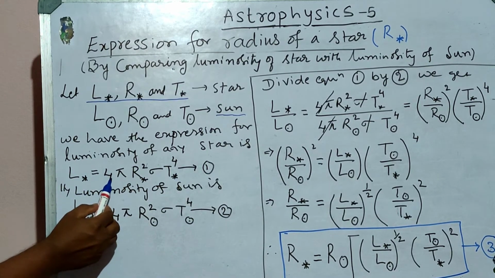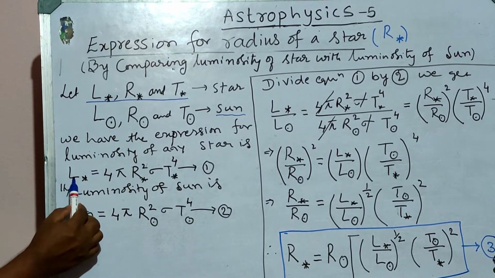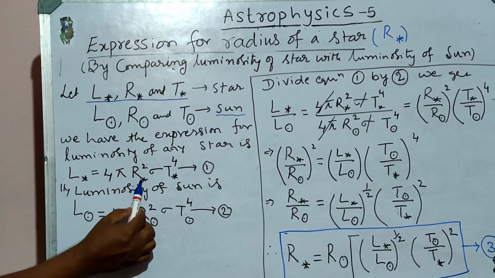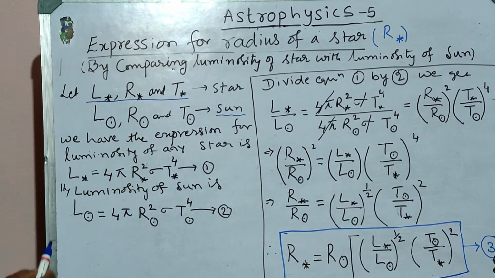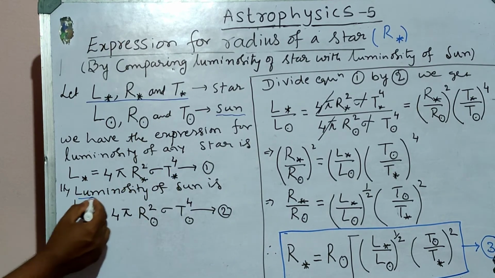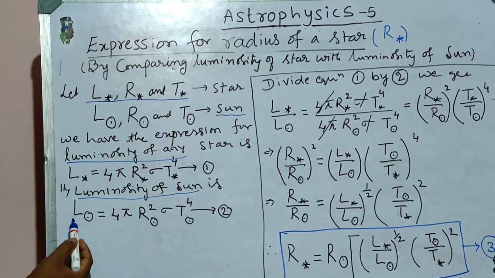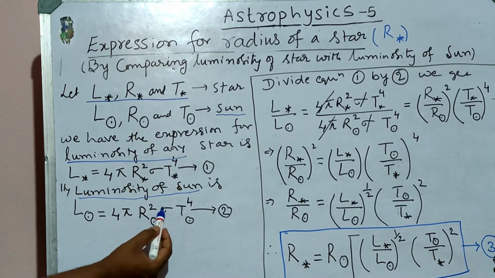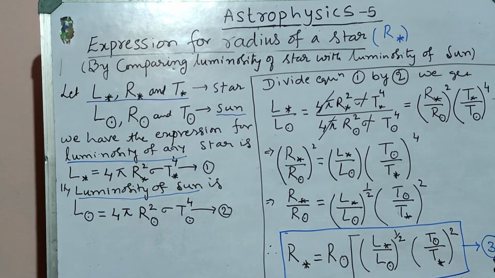This equation is already derived; if you do not know, please refer to my previous videos. For the sun, the luminosity is equal to 4 pi R square sigma T to the power of 4. Call these equations number 1 and 2.